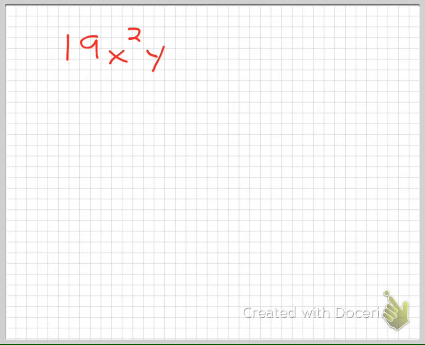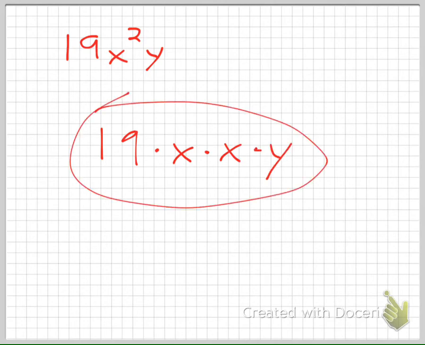And so that's redundant. So here's the deal. What you're not going to do is go 1 times 19. You're not going to put the 1 because that's redundant. Does that make sense? You don't put a 1 there. So what you're going to do is go 19 times x times y. When they say factor each monomial completely, that's what you do.